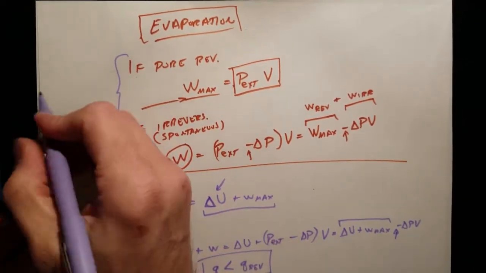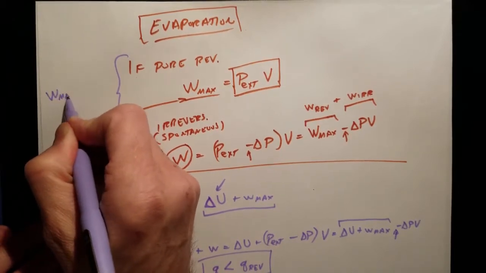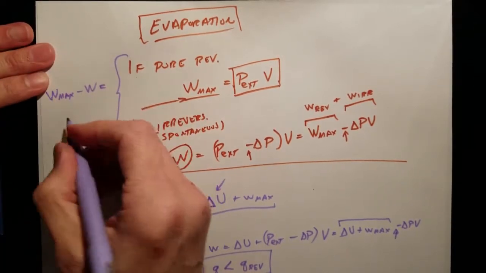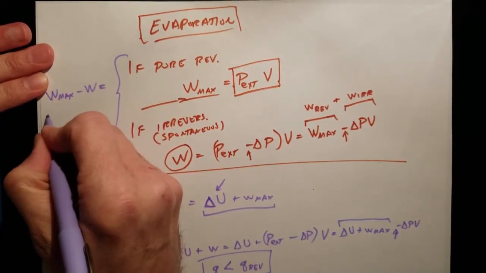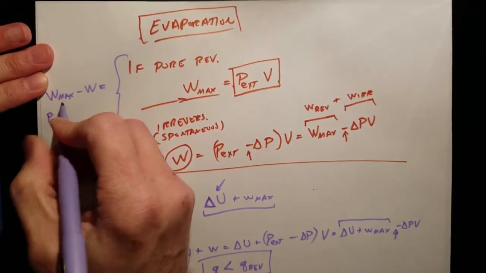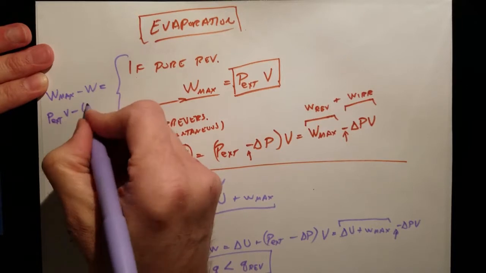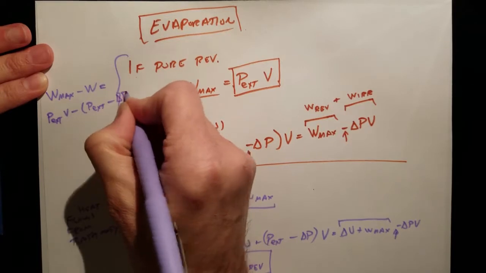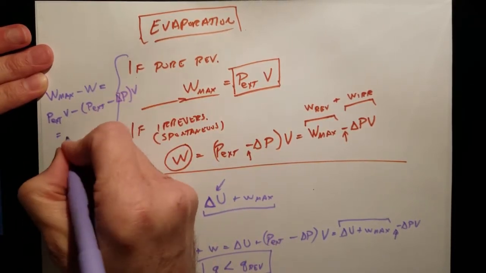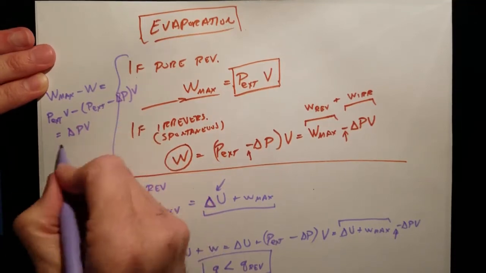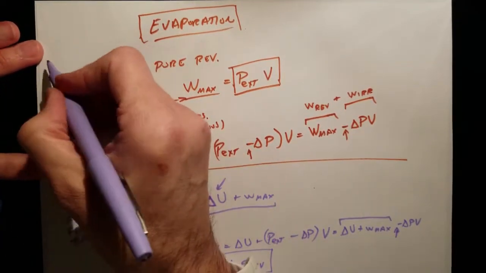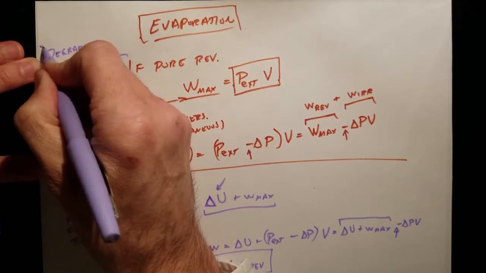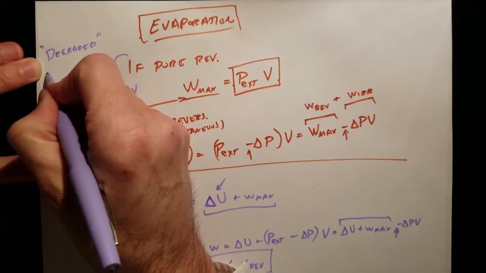They talk about W max minus W equal to P X V minus P X V minus delta PV is equal to delta PV, and they call this degraded mechanical energy.